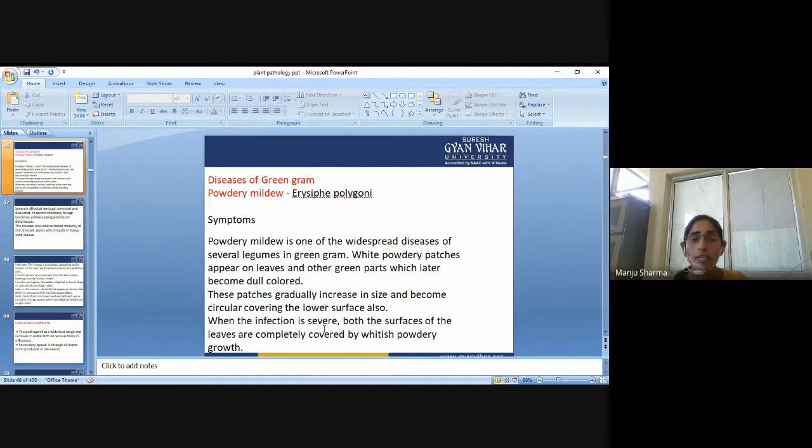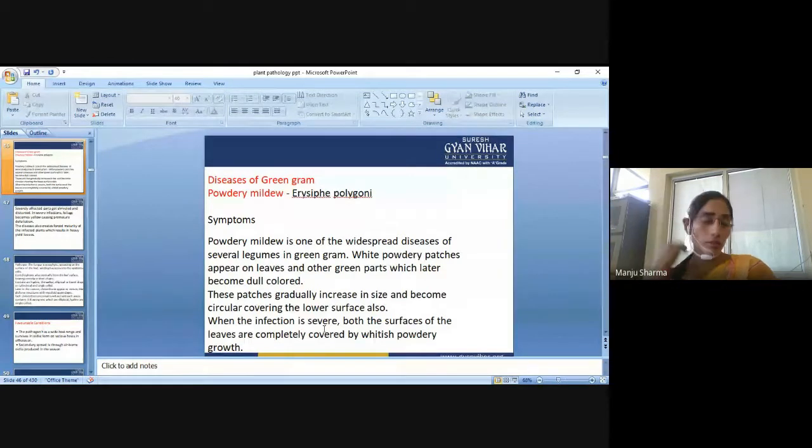When the infection is severe, both surfaces of the leaves are completely covered by whitish powdery growth. So we can easily identify the powdery mildew disease.